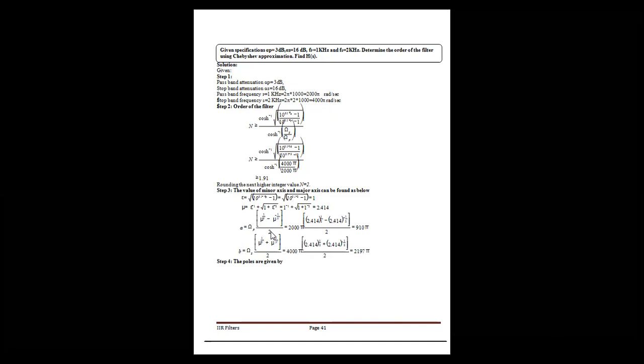Substituting the values, we find epsilon is equal to 1. And the relation for mu is epsilon inverse plus square root of 1 plus epsilon to the power of minus 2. Substituting, we get mu equal to 2.414.